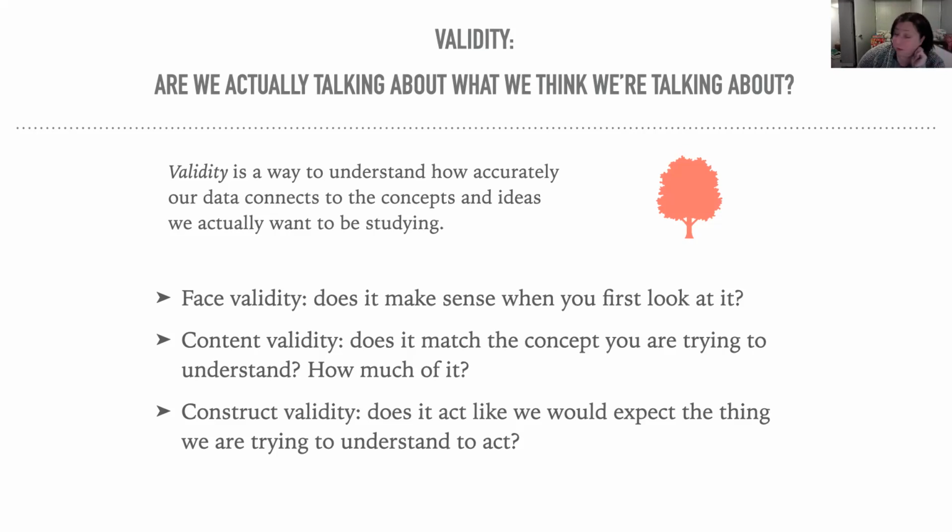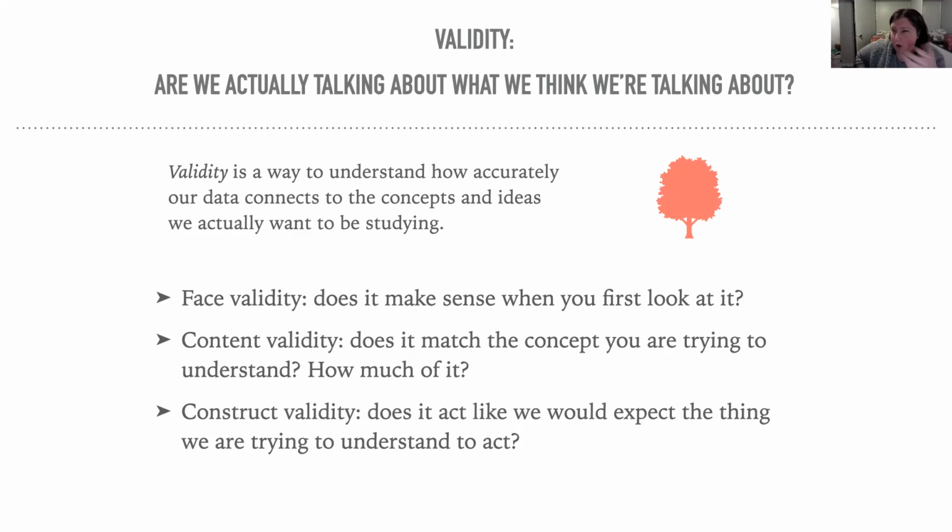If I told you I was going to study how LGBT friendly a company was based on how many women work there, you would laugh me out of the room, right? That does not actually tell me anything about queer people. If you were to tell me by how many people working there are comfortable identifying as being LGBT, okay, that's got more face validity.